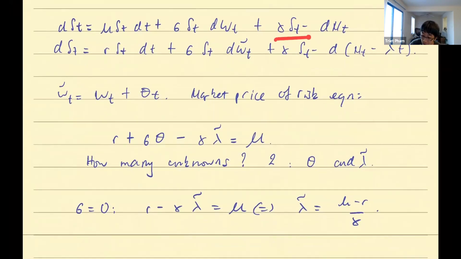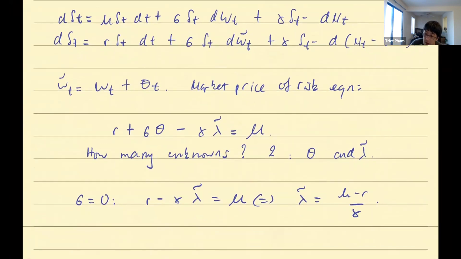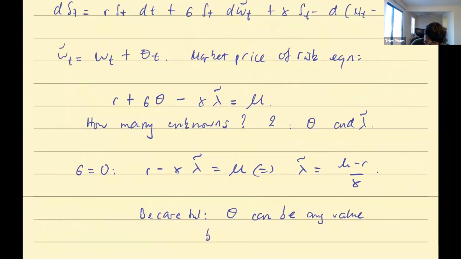So the structure is exactly the same as before, except what's the difference? The difference here, we need to be more careful. Theta can be anything. But lambda tilde must be non-negative.